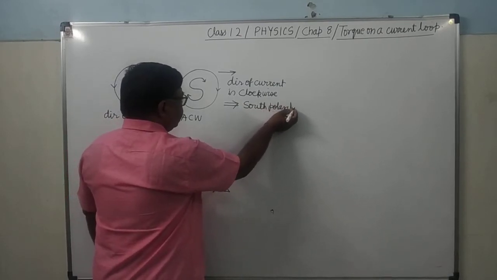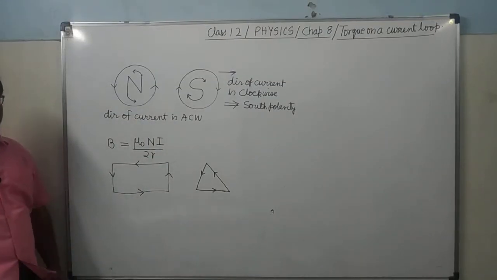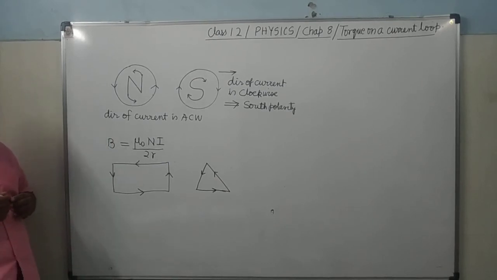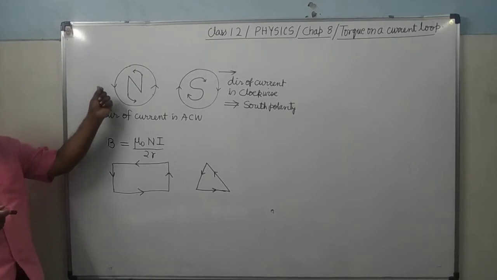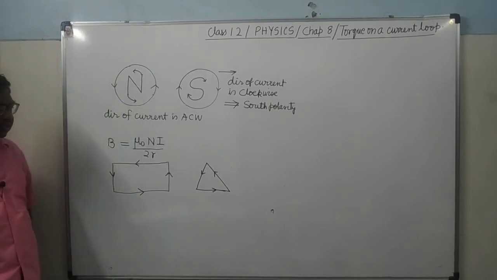So from here we know that a current carrying coil of any arbitrary shape acts as a magnetic dipole, produces a magnetic field, and has two magnetic poles, north pole and south pole, according to this.